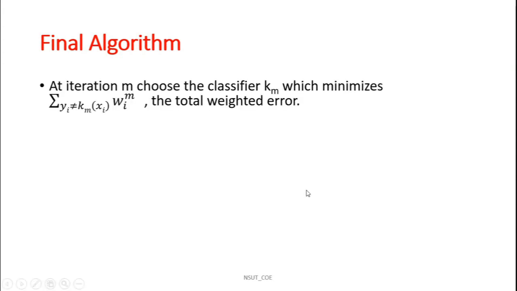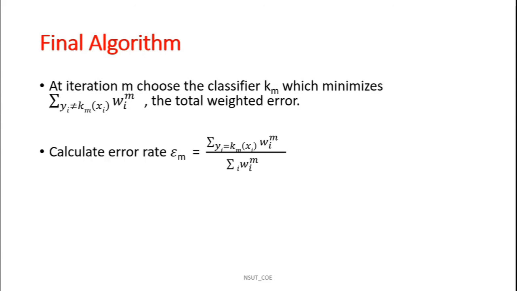To summarize the final algorithm of Adaboost, learning in Adaboost will happen in iterations. At iteration m, a weak classifier is chosen from a set of weak classifiers that minimizes the total weighted error, which is given by this equation. After selecting the weak classifier km, we calculate the error rate for this particular weak classifier, which is given by epsilon m.